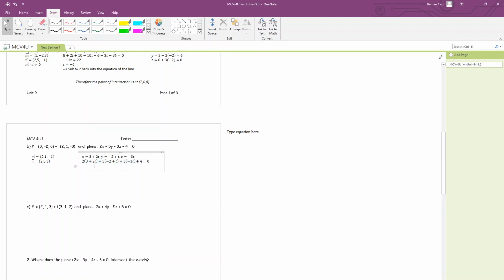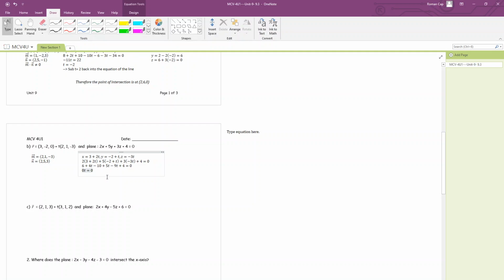So now the next step, we're just going to simplify this further. So we're going to get 6 + 4t - 10 + 5t - 9t + 4 = 0. From this, it will simplify further to 0t = 0. So what does this actually mean, 0t = 0? That means the intersection is the entire line.